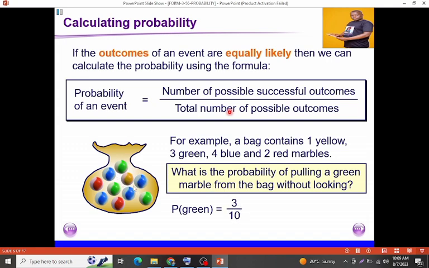Just take the number of possible successful outcomes, 3 green marbles, divided by the total number of marbles, which is 10. So we can express this 3 over 10 as 0.3. You divide 3 by 10, you get 0.3. Or you multiply by 100, it will give you 30%. It's very rare to express probabilities as percentages, but it's allowed.